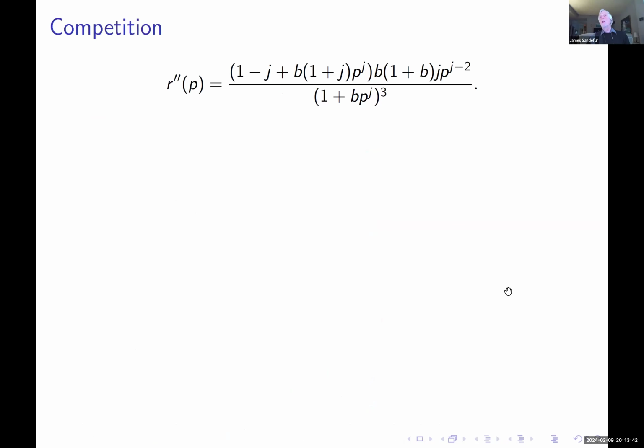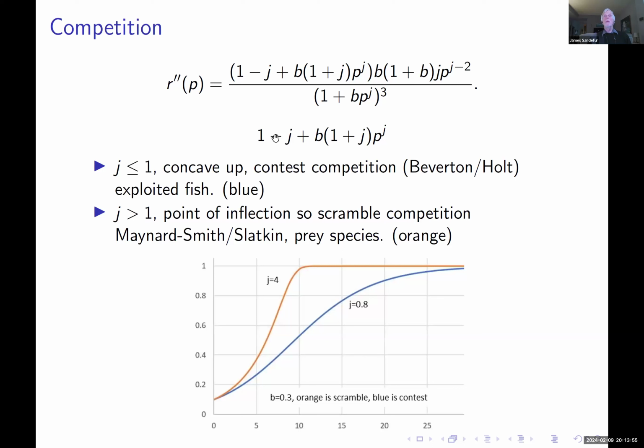So if we want to know whether it's scramble or contest competition, you take the second derivative, that's it here. Everything's positive but this one term. And if you look at this term, if J is between 0 and 1, it's concave up and it's contest competition. And if J is greater than 1, there's going to be a point of inflection and you get the scramble competition.